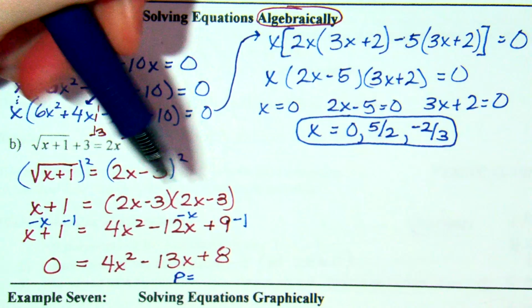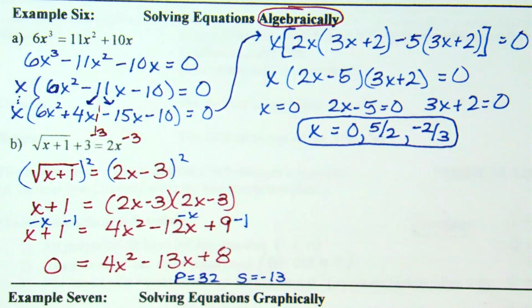Okay. If we're going to factor it, again, there's an a term. So we're going to think product of AC. We would need a product of what? 32. And a sum of negative 13. 1 and 32. 2 and 16. 3 doesn't go into 32. 4 and 8. 5 doesn't go into 32. 6 doesn't go into 32. 7 doesn't go into 32.